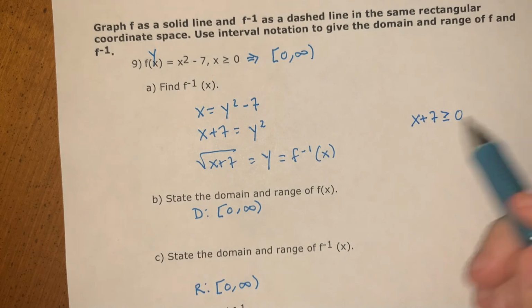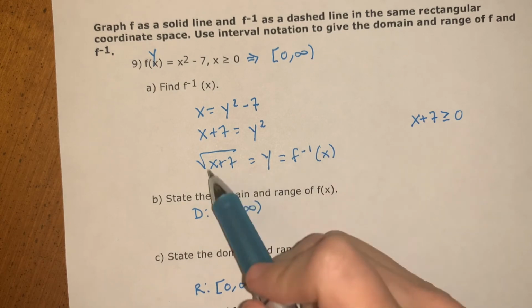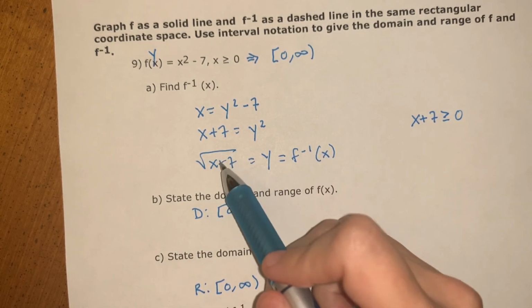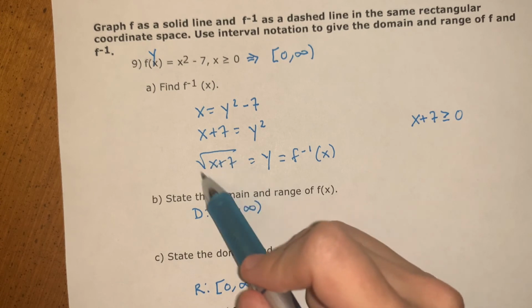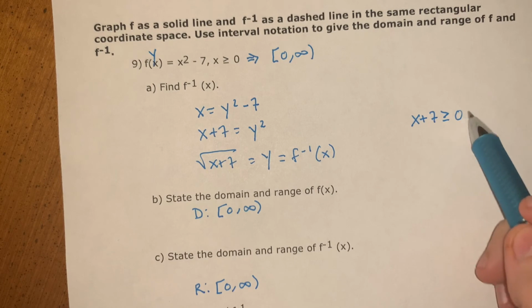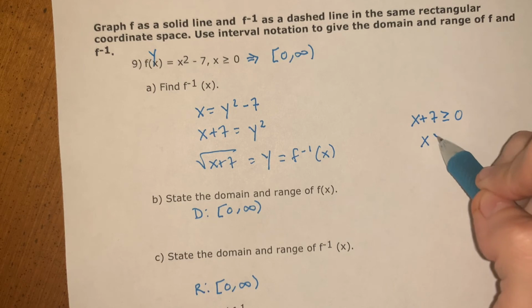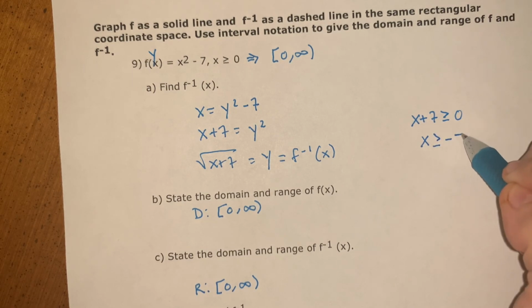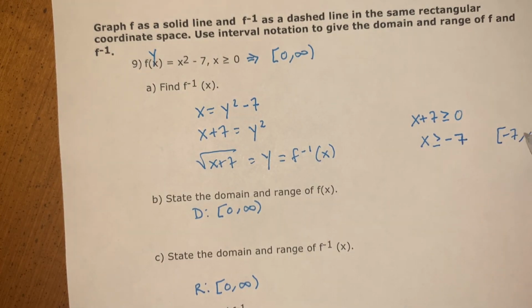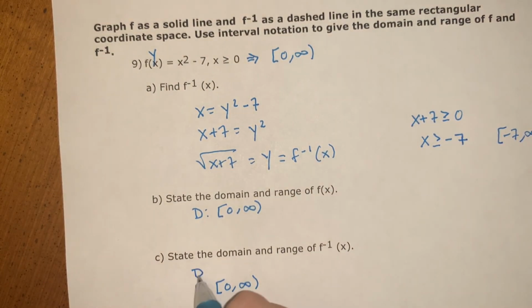Remember, because square roots can only be positive, right? So we only want positive numbers inside our square root. We can't take the square root of a negative number. So you're going to set this quantity to be greater than or equal to 0, which means it has to only be 0 or positive numbers inside the square root. And if you solve this, subtract 7, you get x has to be greater than or equal to negative 7. So what is this in interval notation? Well, that's negative 7 to infinity. So this is our domain of our inverse function. So that's going to go here.